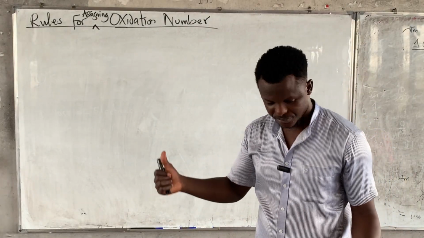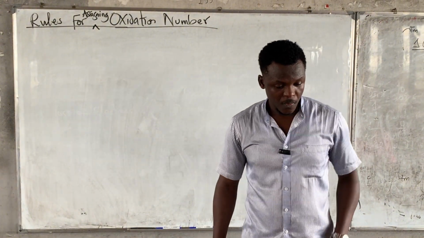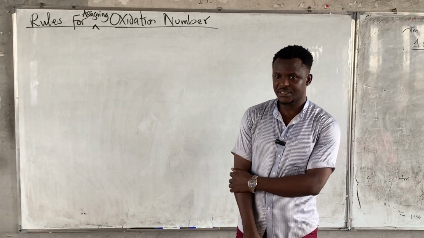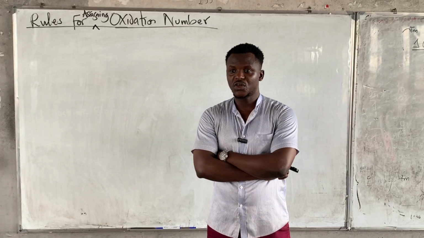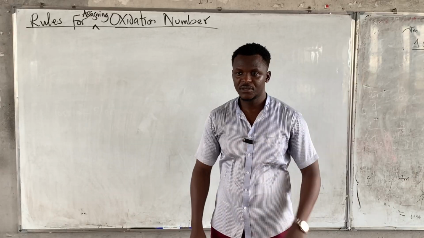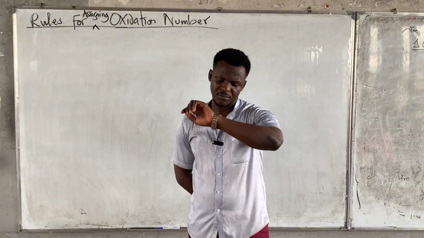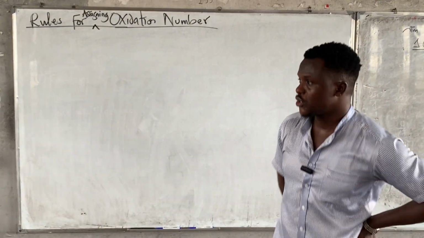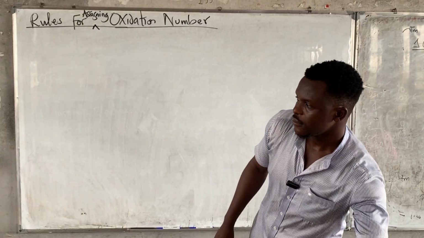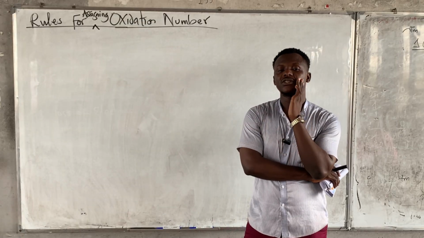Number one: the oxidation number of an element in its free or uncombined form is 0. That's rule number one. Number two: the oxidation number of a monoatomic ion is the charge on the ion.